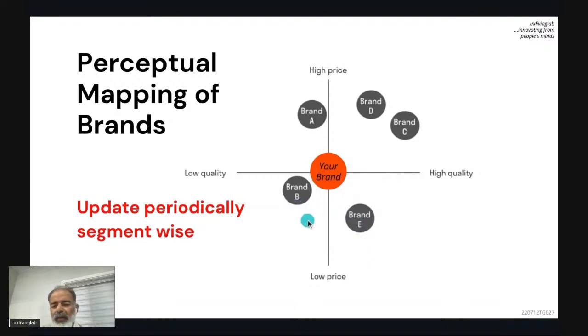Brand B is low price but a little bit lower than your quality. So these two are the closest competitors you have. The others you need not worry about. This is the way you have to develop the perceptual mapping. So build a team and do it segment wise.